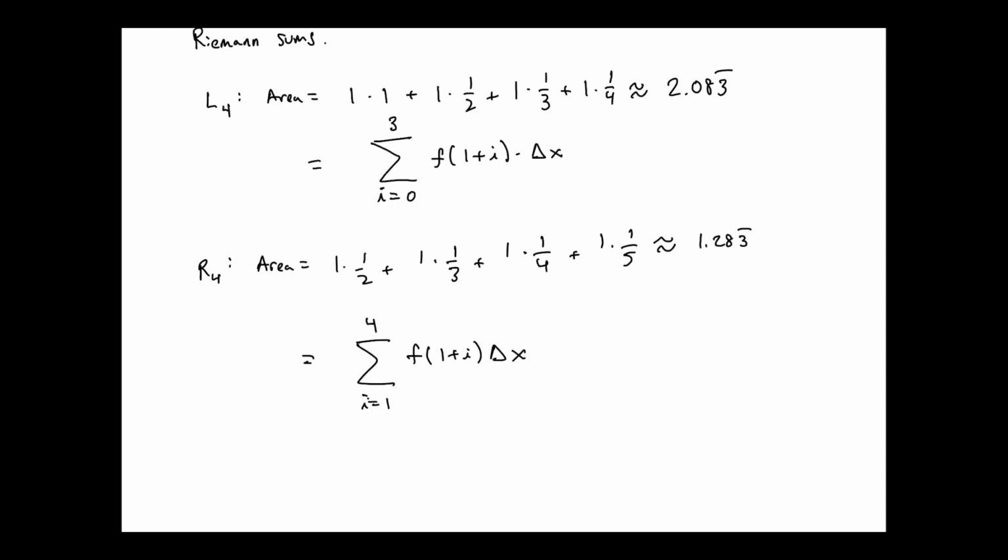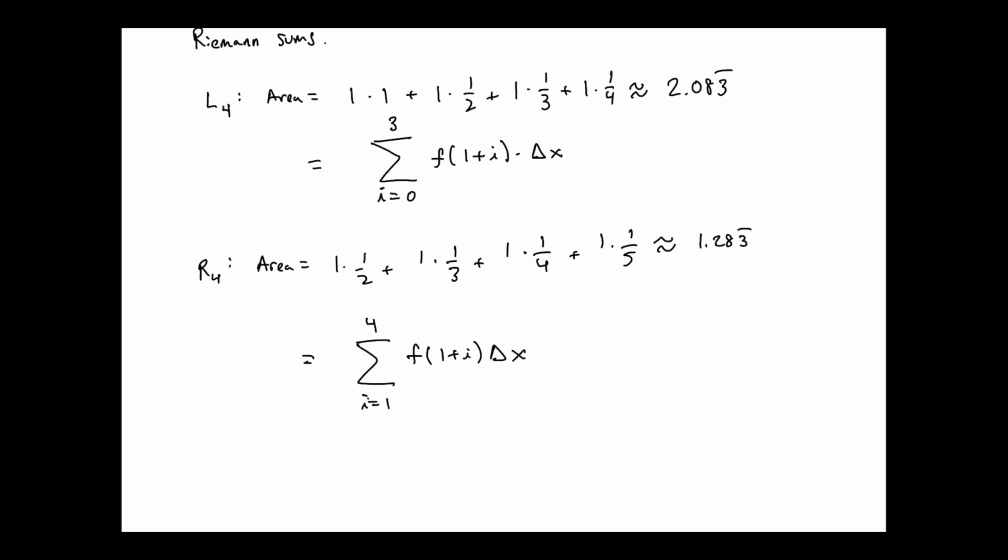Now why do I have the 1 plus i inside the parentheses? Well, what's the leftmost x value in the problem that we're considering? Yeah, so looking at your graph, 1, right? We were trying to find the area between 1 and 4 of this contraption.